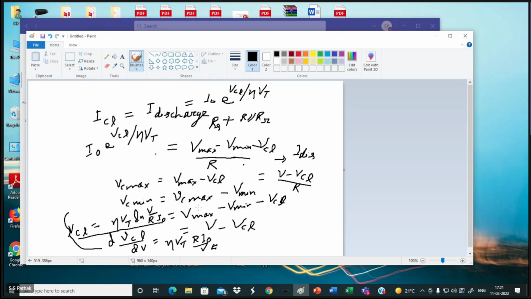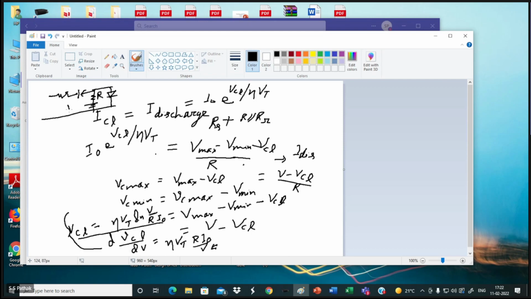So the circuit we make in the practical case is, this is my R, this is my C, this is my RS, this is my R. Here I give a voltage, and here is my diode. Okay, in this case your V will be increased by this voltage.